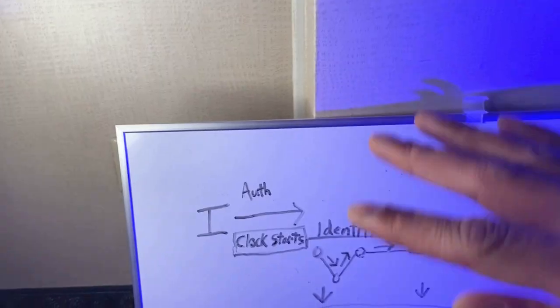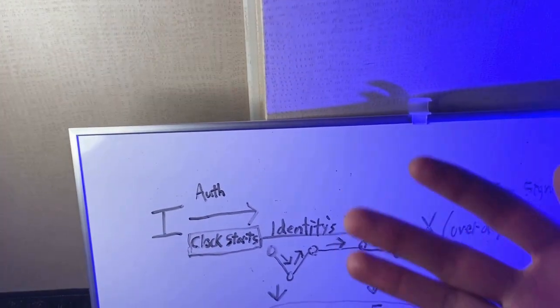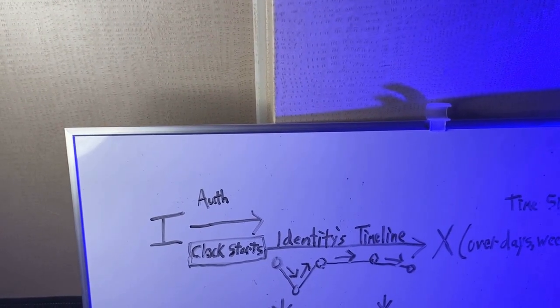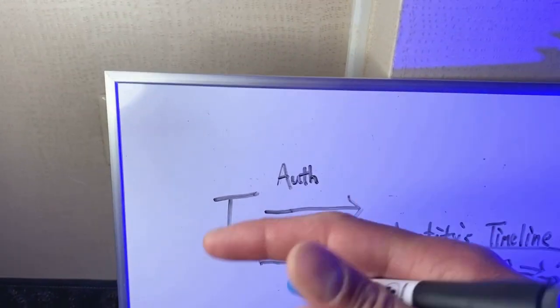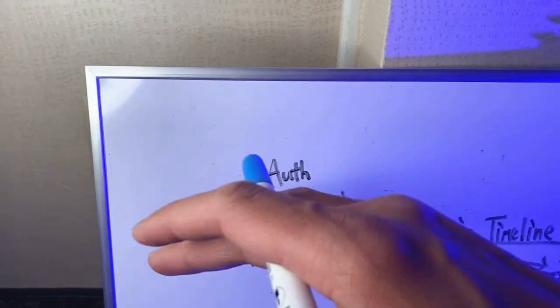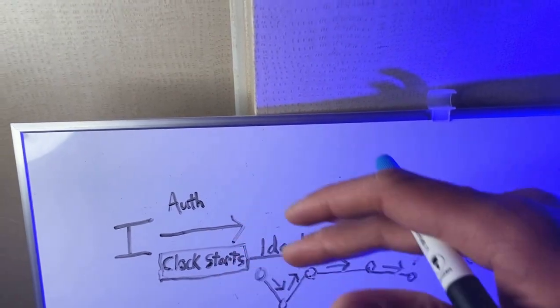So even just right there at the beginning, this very first part, that's already different from how we currently see identity. We currently see it as just authentication. Identity shows up, authenticates, comes into the environment, comes into the network.